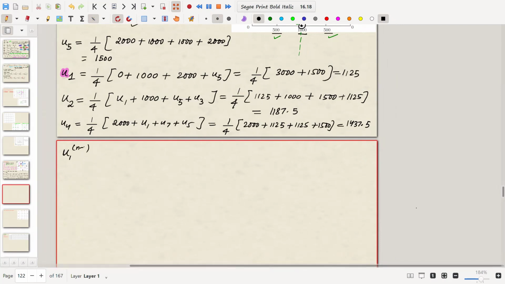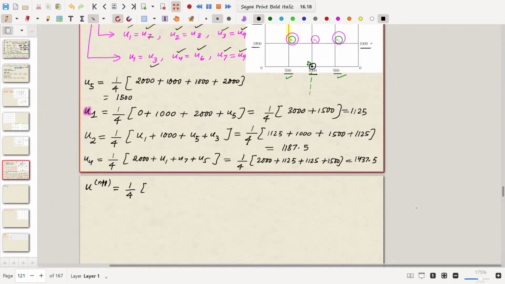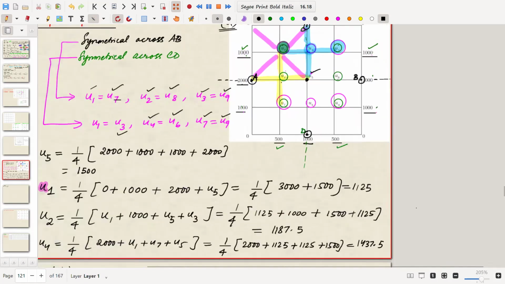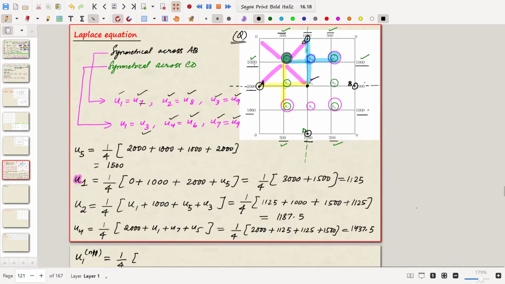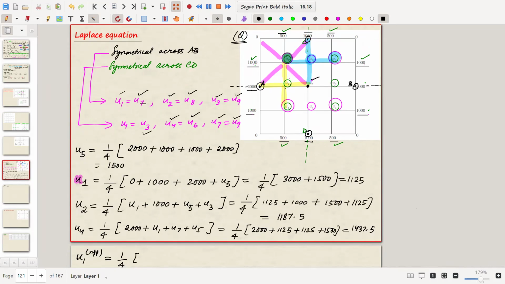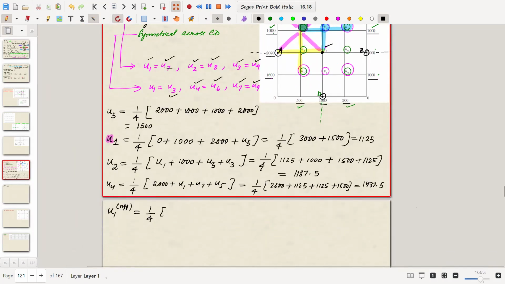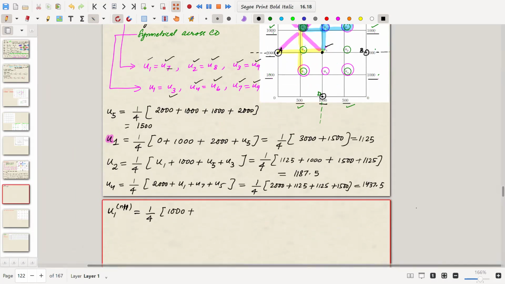U1 of n plus 1 should be equal to 1 by 4th. Anyone? I think now we can use our standard 5-point formula. It should be 1 by 4, 1000 plus, tell me.